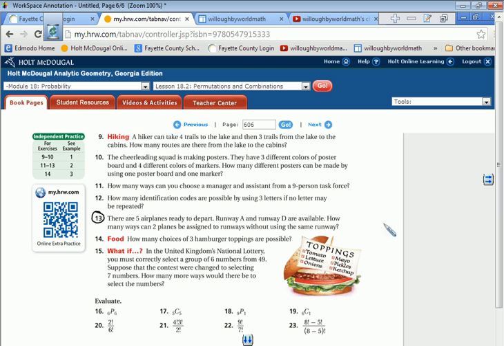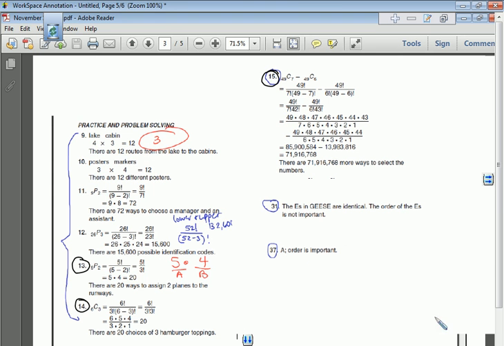Okay, so if we take a look at this, we've got runway A, where we can have 5 different choices. I'm the air traffic controller, and I've got 5 planes, and I tell one of the 5 to go to runway A. So I had 5 to choose from for runway A. Well, now I've chosen one.